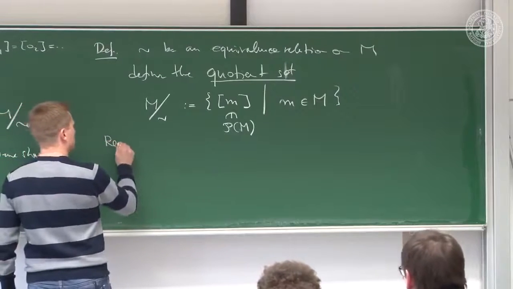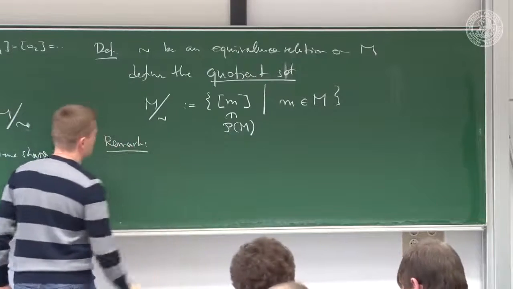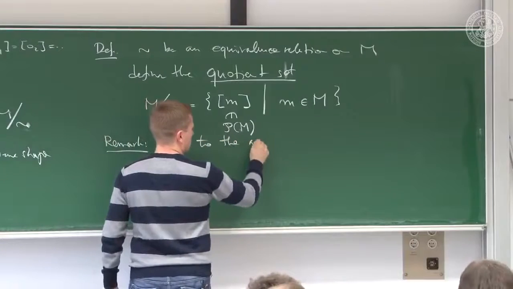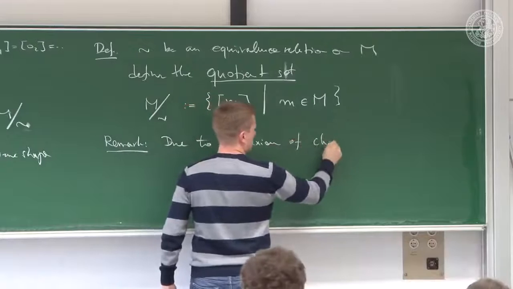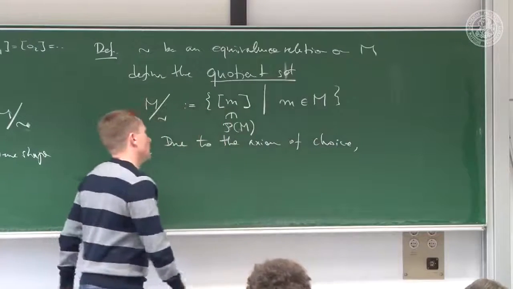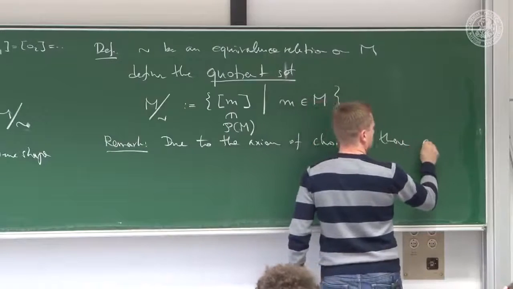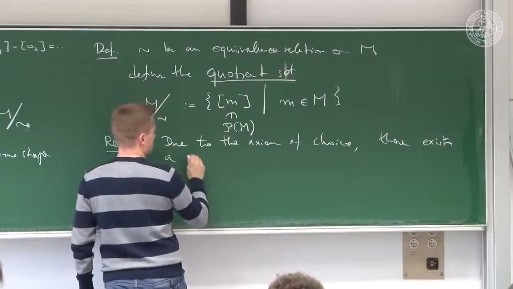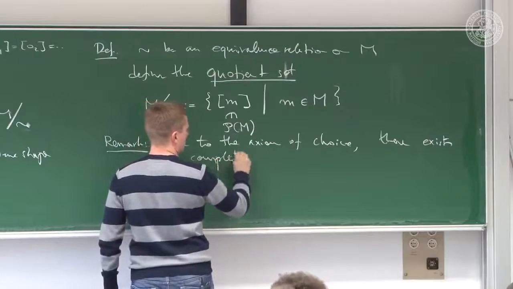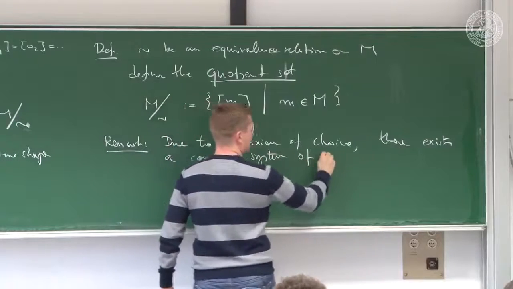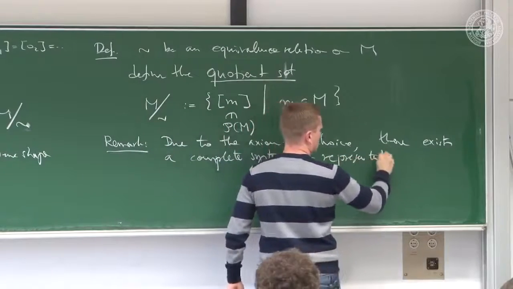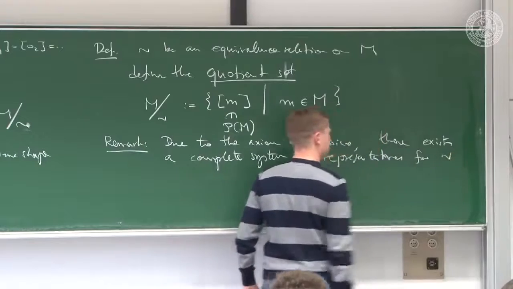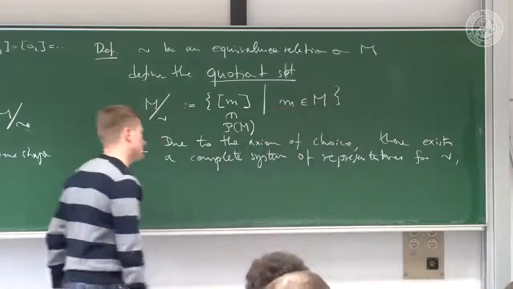So now, a remark. Due to the axiom of choice, there exists a complete system of representatives for this equivalence relation, for the equivalence classes of this equivalence relation.